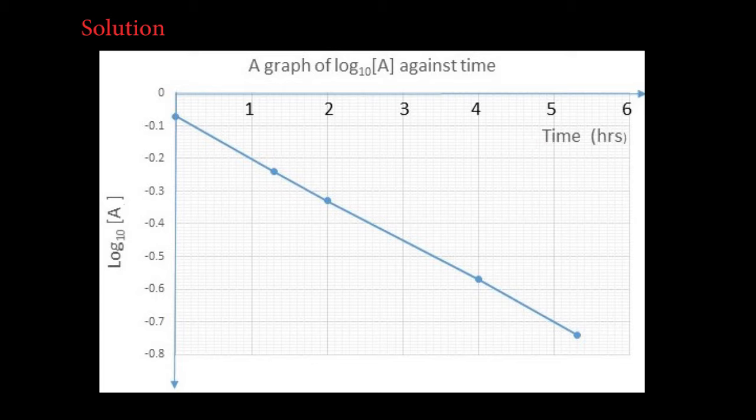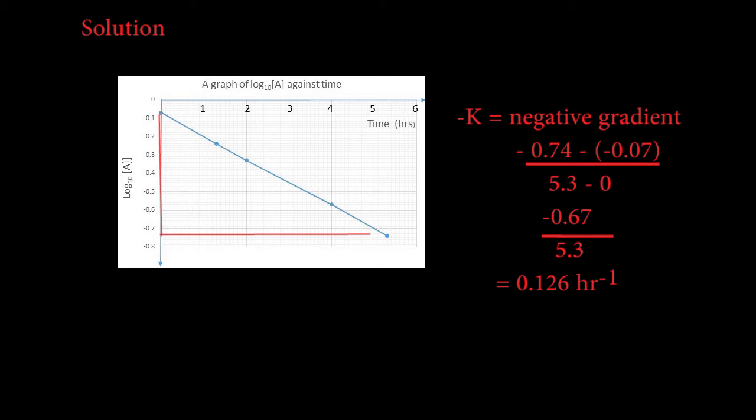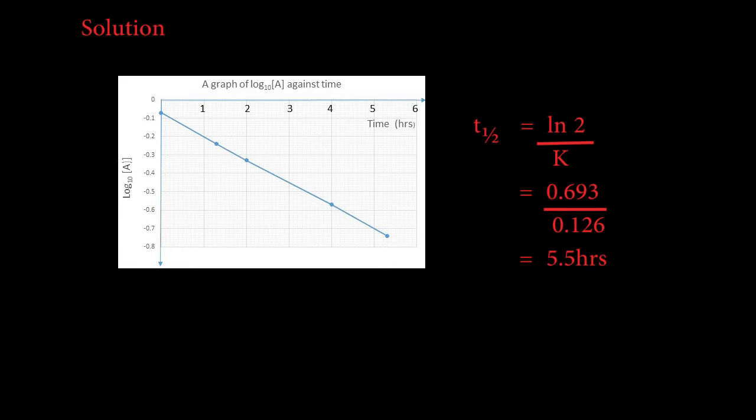The graph should be a straight line with a negative gradient. From the shape of the graph, the reaction is a first order reaction because the rate is proportional to the concentration of the reactant A. See part 1, the rate constant is the negative slope. And see part 2, the half-life is the natural log 2 over the rate constant.